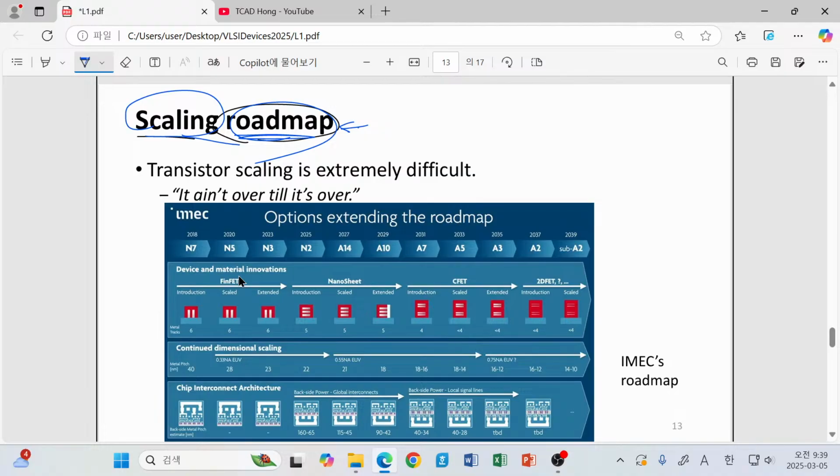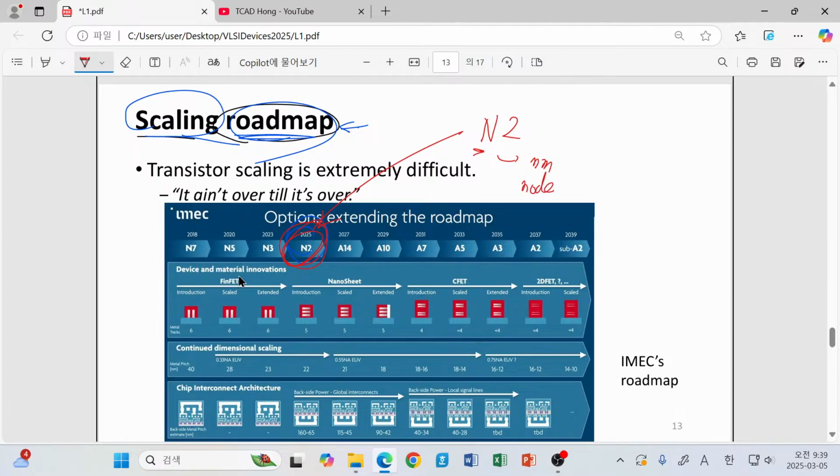Currently, we are living in 2025, and the current node is called the N2 node. I'm not quite sure why we use N. Maybe N is regarded as nanometer or node, but we have no idea.